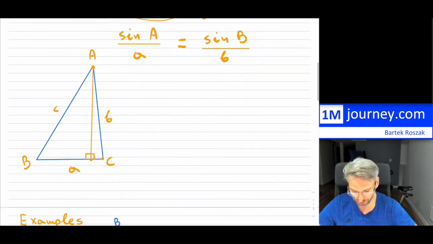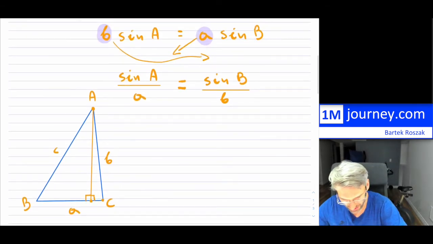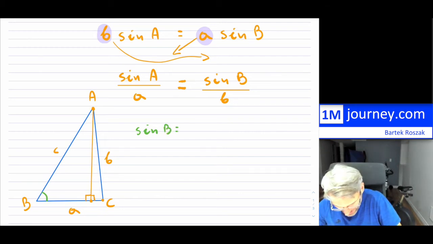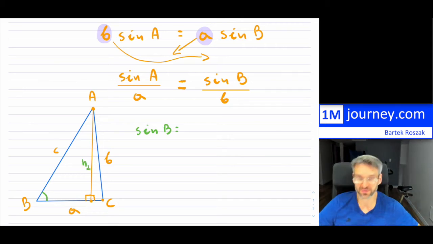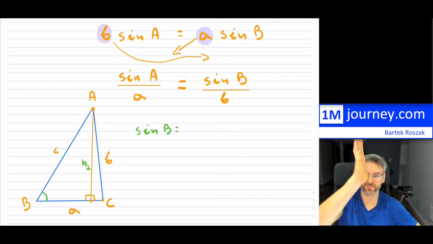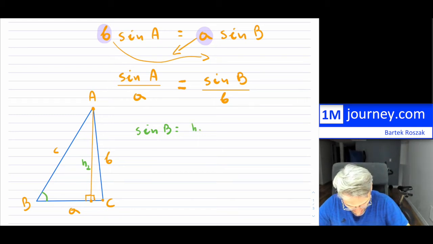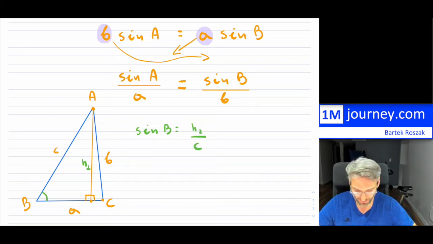And now I can do exactly the same thing as I just did above. I'm going to take this angle. So I have sine of the angle B is equal to, and I'm going to call this H2, the second height, because it's different than the first height. So that is equal to the opposite, H2, divided by C.